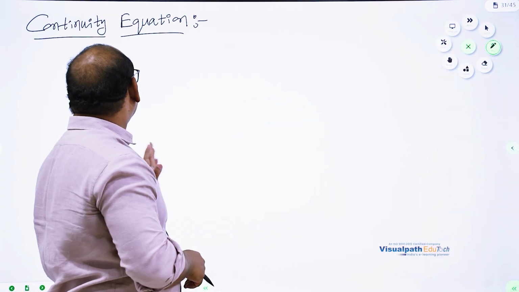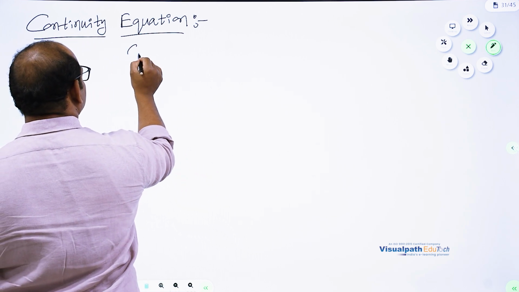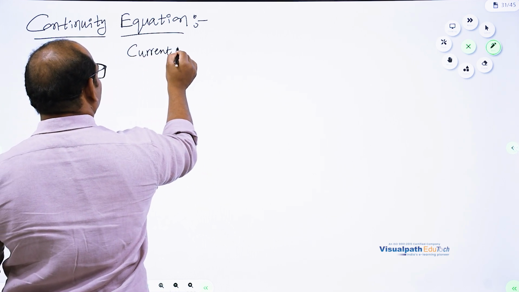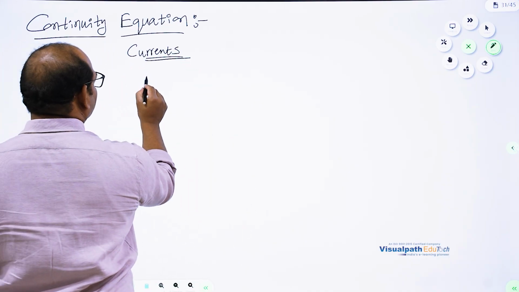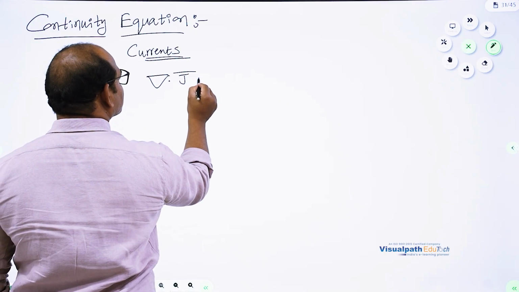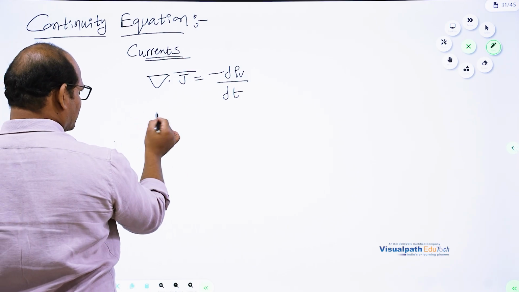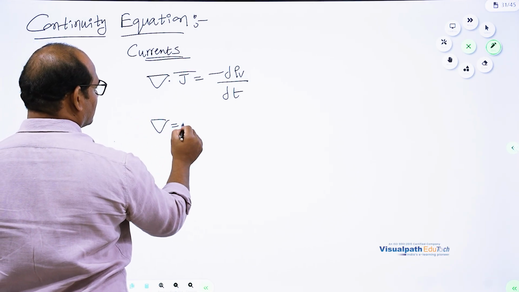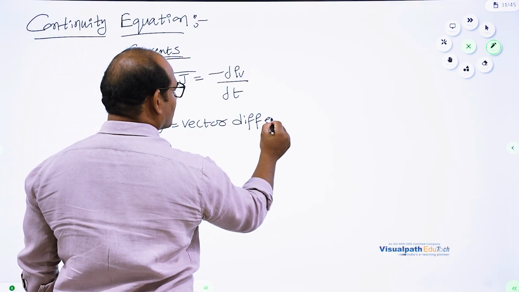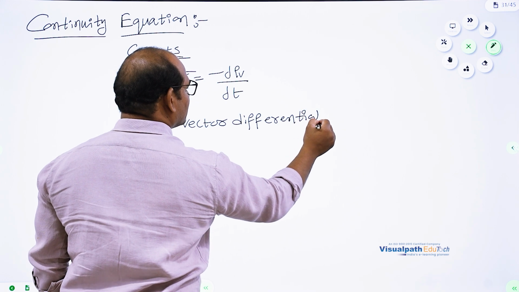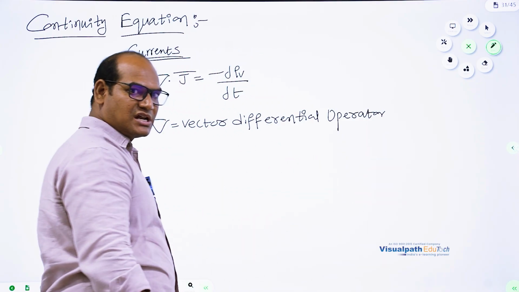So next topic is about the continuity equation. Continuity equation is related to currents. It is giving the relations related to currents only. It is given by del dot J bar is equal to minus dou rho v by dou t. If you observe this equation, del is nothing but the vector differential operator.